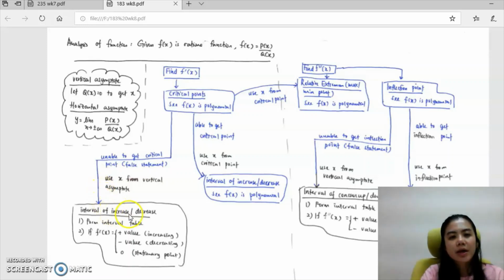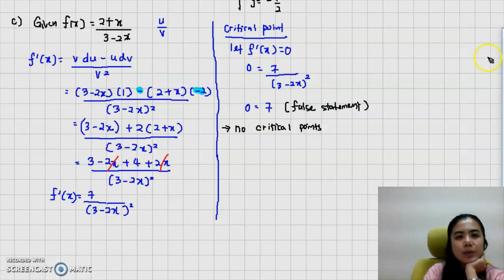You're going to build the table, and for this table, they ask you to use the x from the vertical asymptote. So you use the x from the vertical asymptote to build an interval table. Just now we did it, we found it here, which is your vertical asymptote. So we go back to our question. Where is our vertical asymptote?